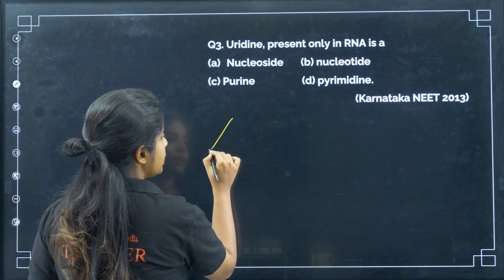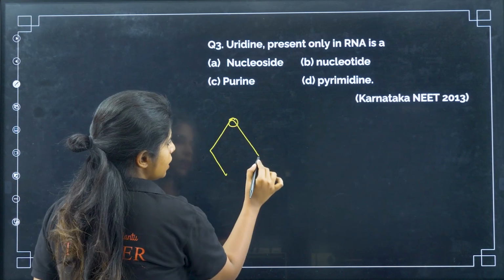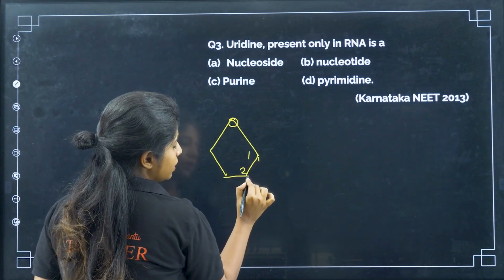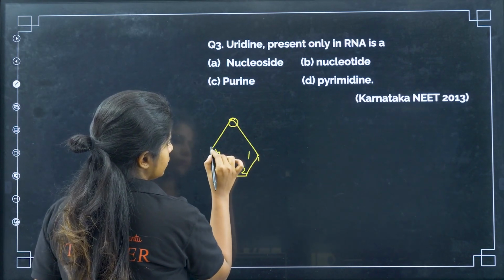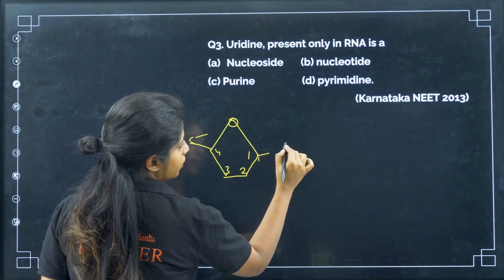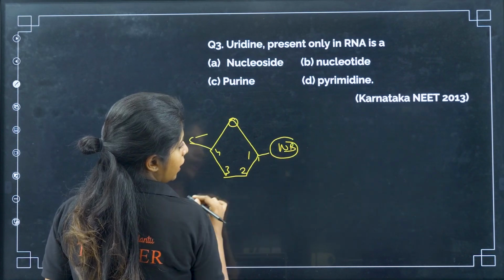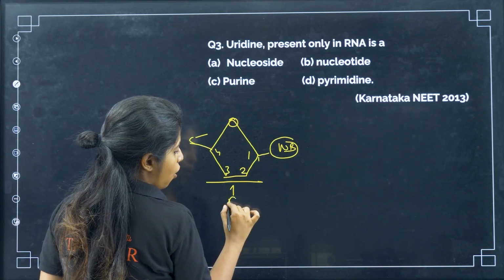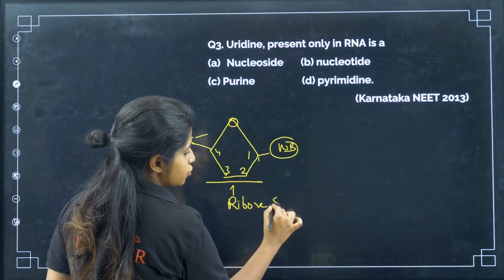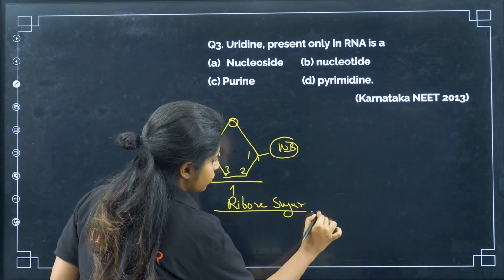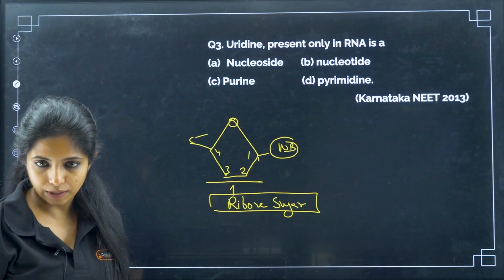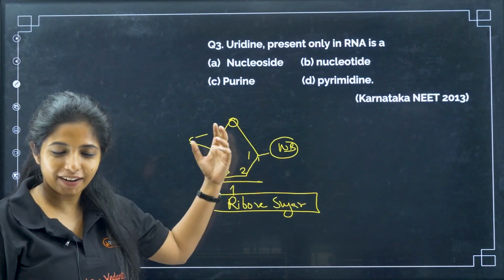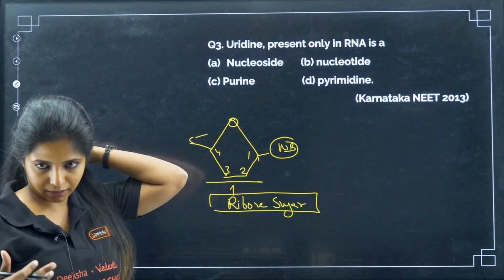Now this nitrogen base is going to attach on the first carbon right over here. Nitrogen base is going to attach on the first carbon of what sugar, my dear children? Of ribose sugar, not deoxyribose. This is ribose sugar. Ribose sugar is a part of RNA. An RNA molecule is made up of ribose sugar and stuff like that.